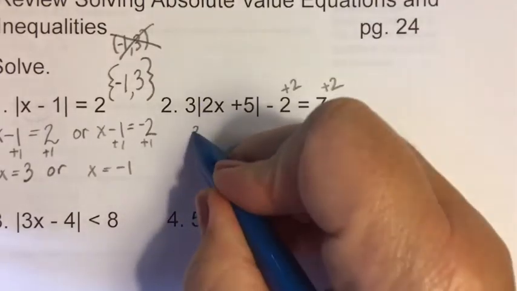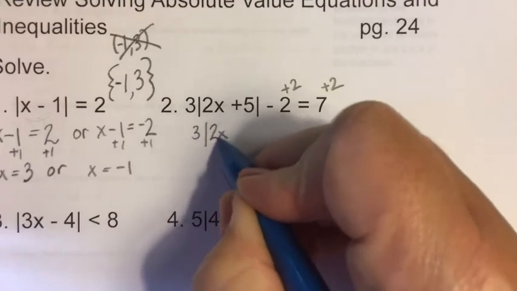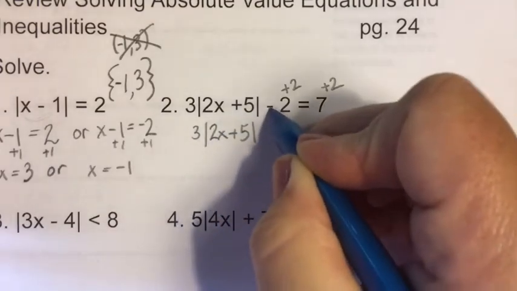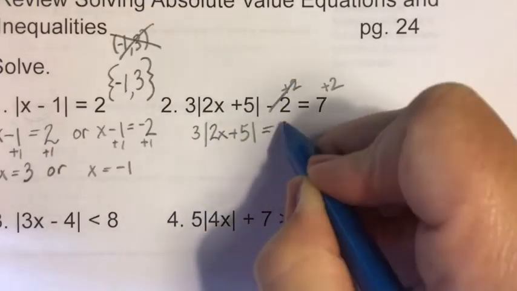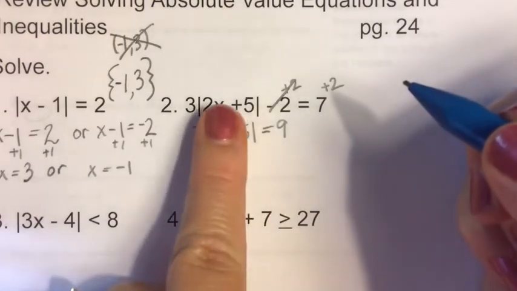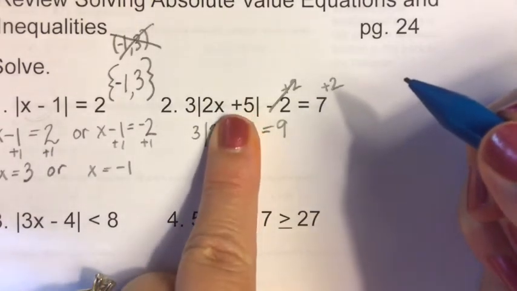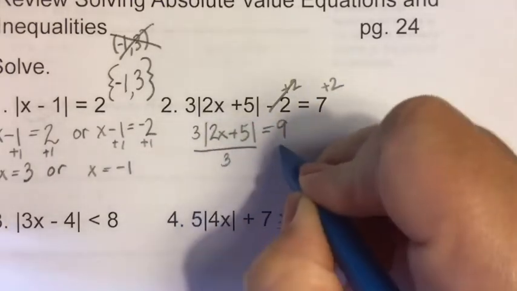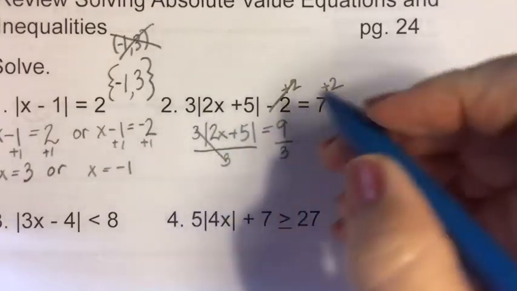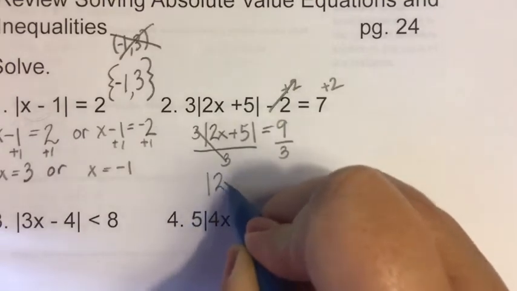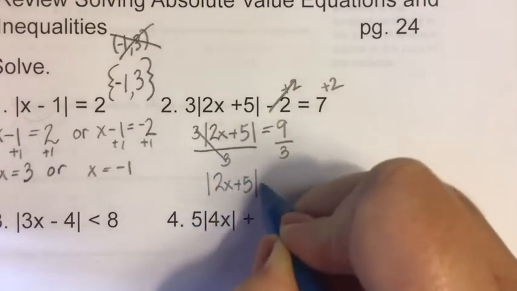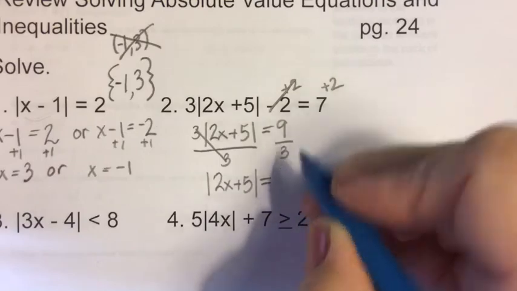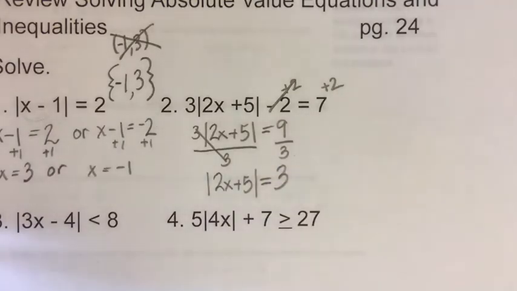So I'll have 3 times the absolute value of 2x plus 5, that's gone, equals 9. Now I need this expression to be alone that's inside the absolute value. It's not alone yet. I'll divide both sides by 3. So the absolute value of 2x plus 5 is equal to 9 divided by 3, which is 3.